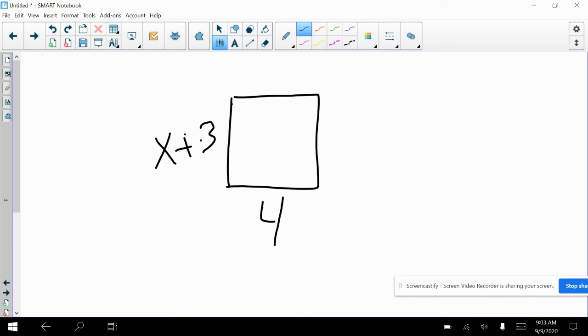X plus 3 is the width, and 4 is the length. And now they're going to ask you to use the distributive property to write and simplify the expression for the area of a rectangle.